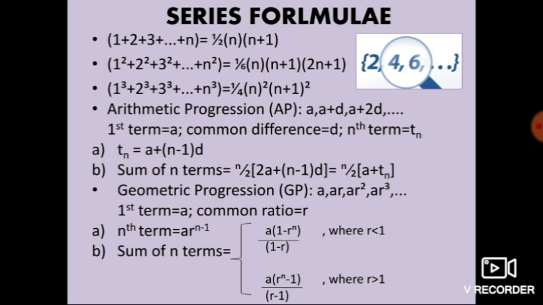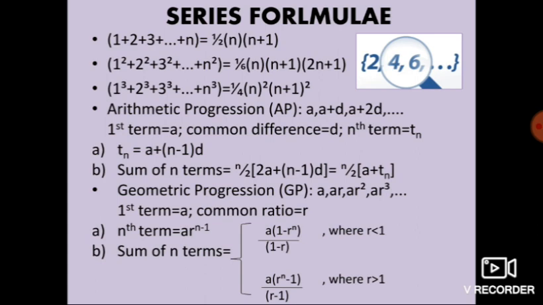So the pattern will be a, ar, ar square, ar cube, etc., in which the first term is a and the common ratio is r. How to get the nth term? It will be a into r raised to n minus 1. What about the sum of n terms?